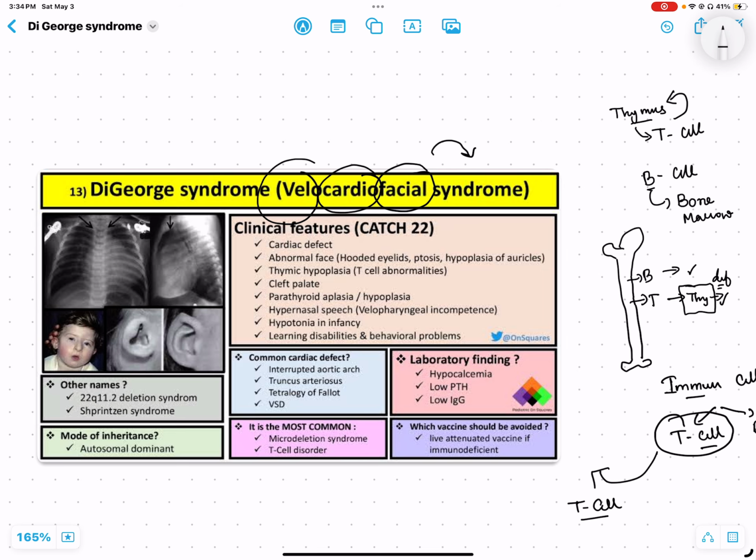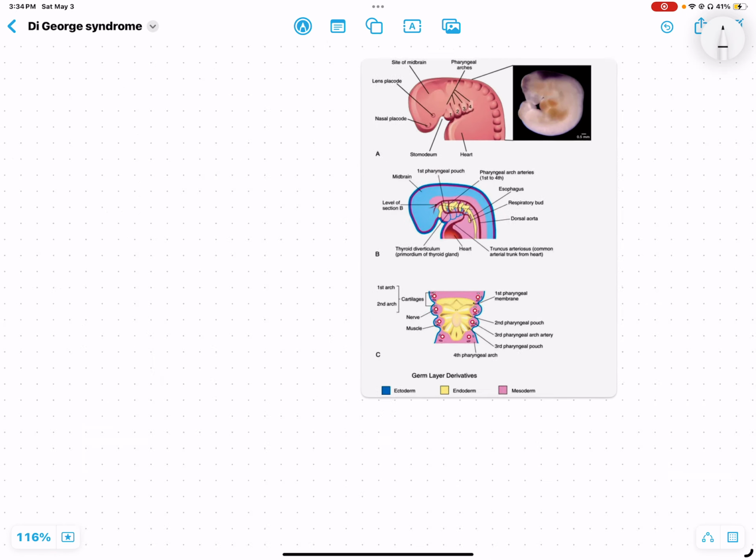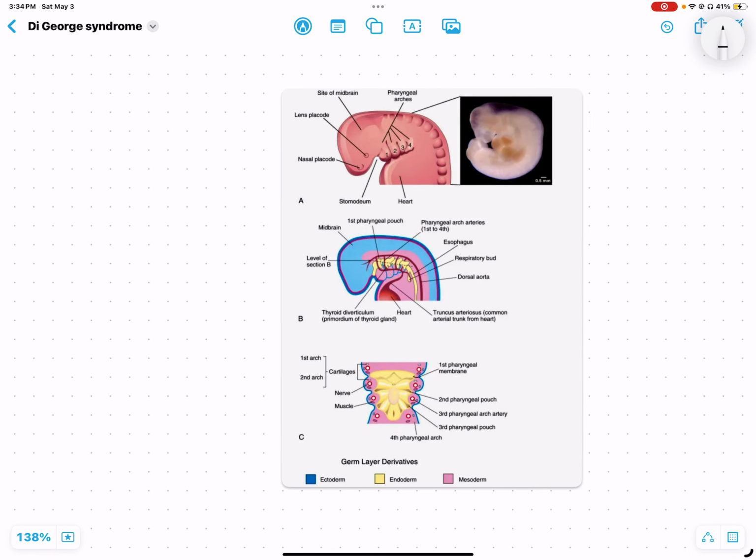So I'm going to take you back to the embryology. This is an embryo. The embryo's neck has a group of gills, and these have structures where there are six arches, five pouches, and clefts.